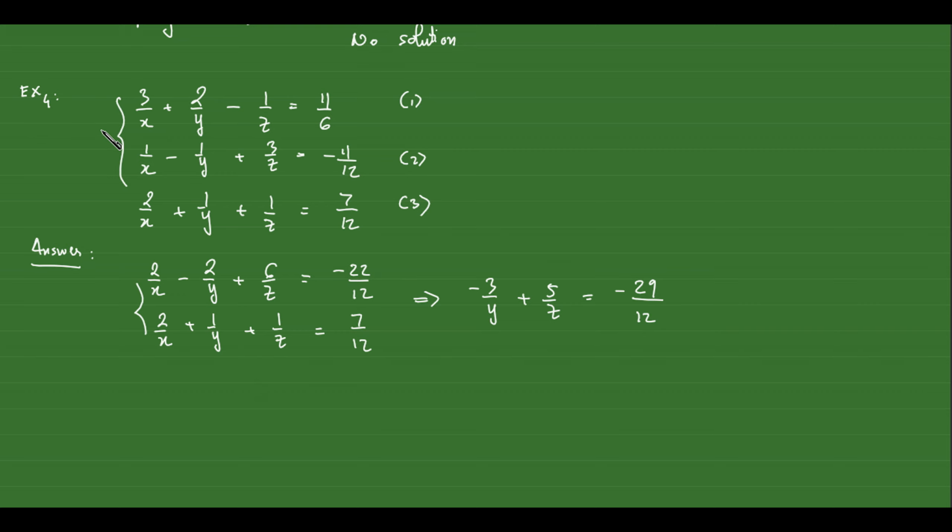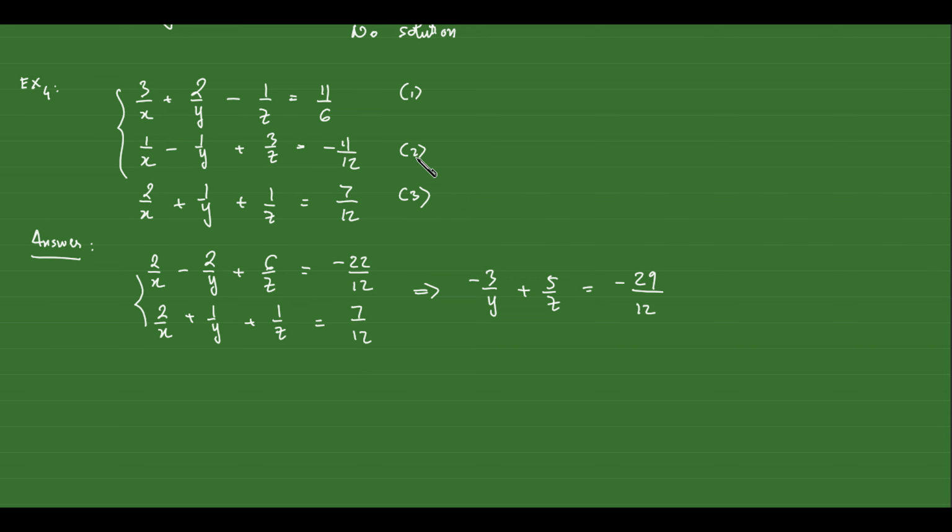Then you do the same thing for the second equation, but instead of multiplying by 2, I multiply it by 3. So I'm going to group it with the first one. The first one is 3 over x plus 2 over y minus 1 over z equals 11 over 6.